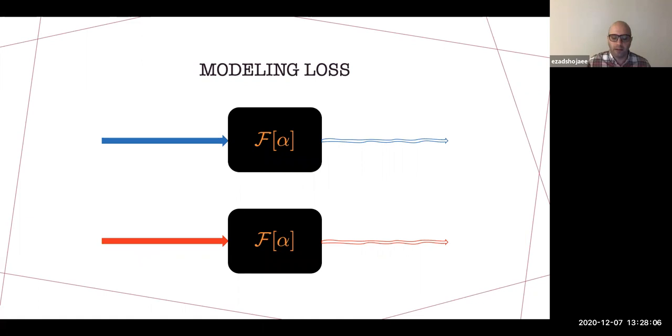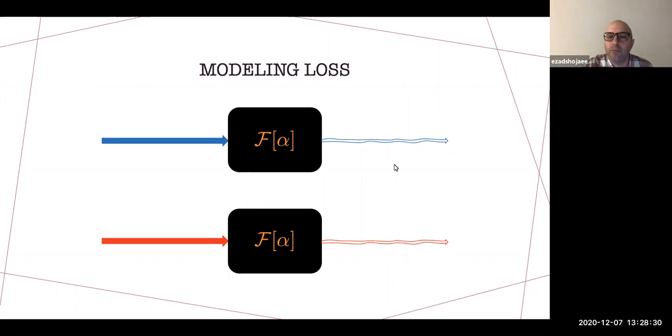So the way that we model the loss and added noise in our experiment is the following. Each of those signals, one for the first drumhead and the second for the second drumhead, go through this calligraphic F map, which takes care of both added noise and the portion that is lost to the information.